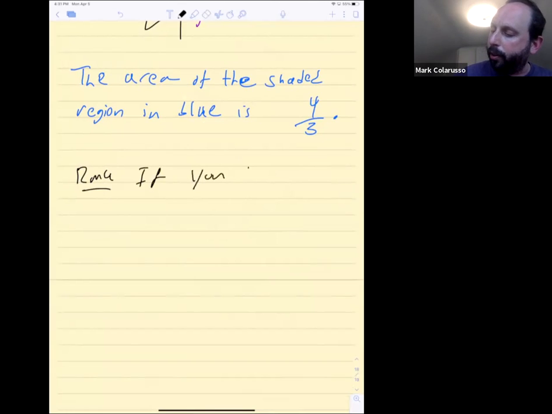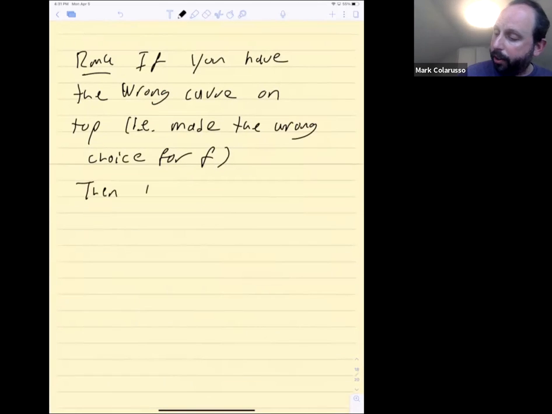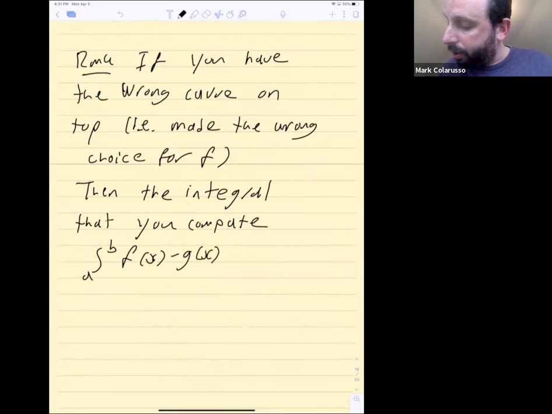So if you have the wrong curve on top, i.e. made the wrong choice for f, then the integral you compute, the integral from a to b of f of x minus g of x dx, will be negative.